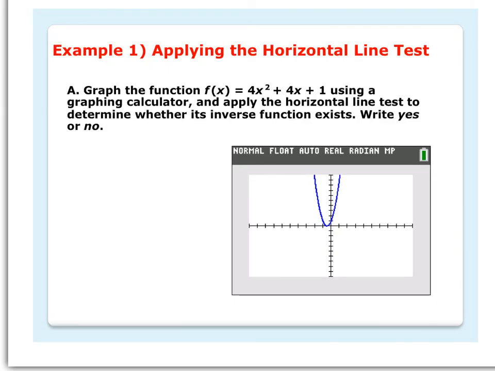In example 1, we're applying the horizontal line test. In A, graph the function f of x equals 4x squared plus 4x plus 1 using a graphing calculator, and apply the horizontal line test to determine whether its inverse function exists.